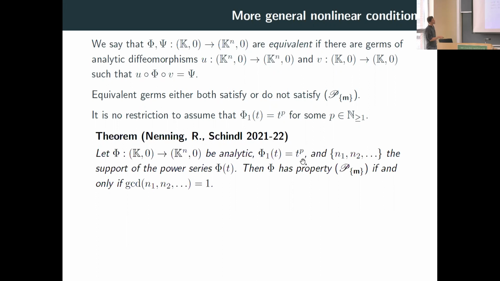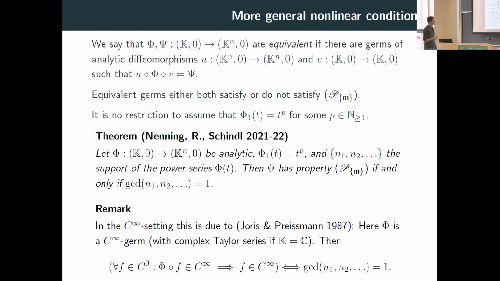The first component, as I said, is a power t^p, and consider the support of the power series which defines this germ. The statement is: this germ has the property to be pseudo-immersive in the Denjoy-Carleman class if and only if the greatest common divisor of the support is equal to 1.